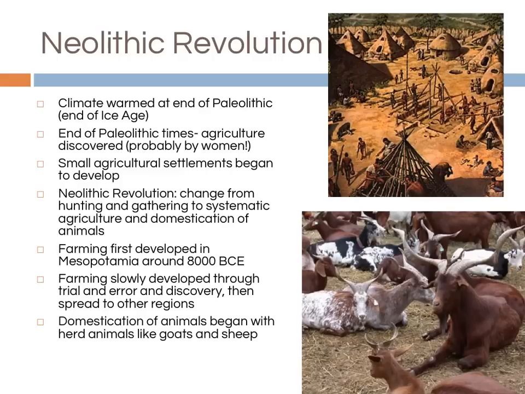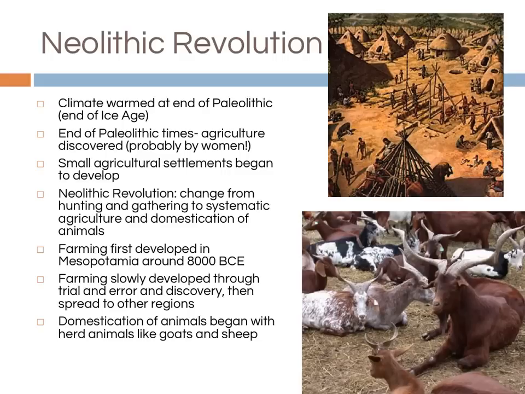Okay, so how did we transition from that, being nomadic hunter-gatherers in Paleolithic times, to the Neolithic Revolution and starting to farm? Well, there was climate change at this time. So Paleolithic people lived during an ice age. And so as the ice and the glaciers melted due to natural processes of the earth, the climate started to warm up.